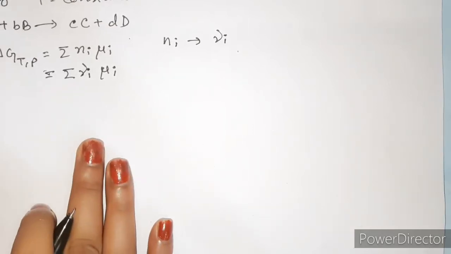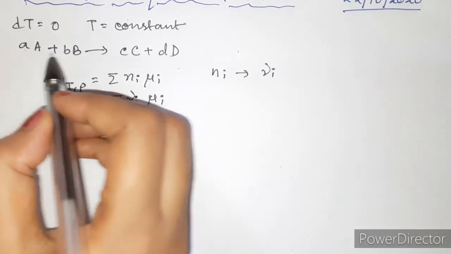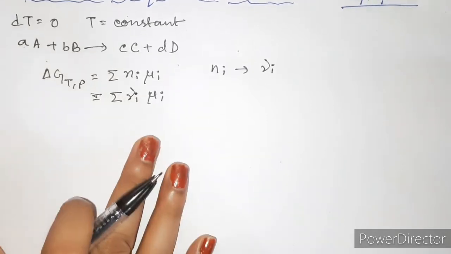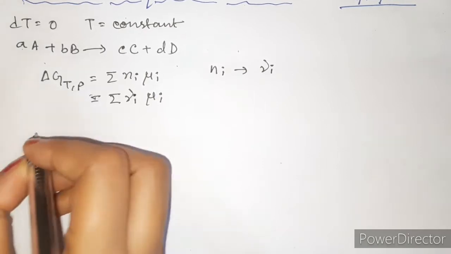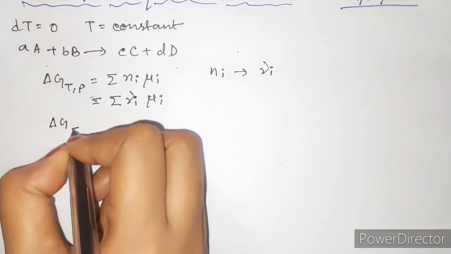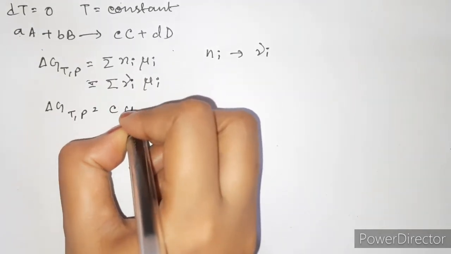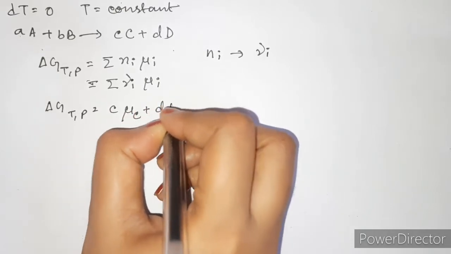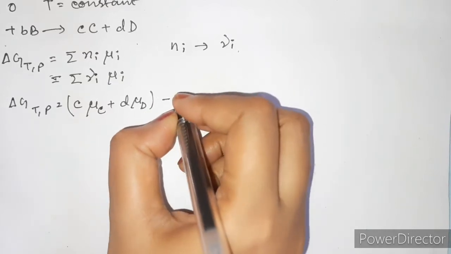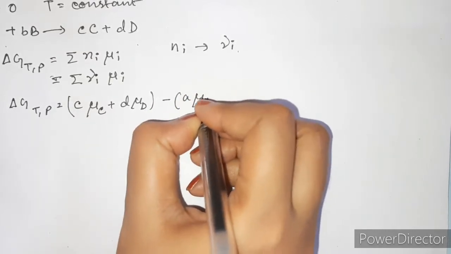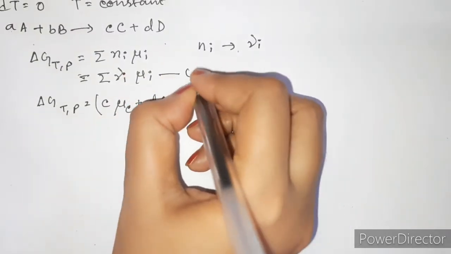Now for this reaction, A plus B to C plus D, what is the value of del G? For this reaction the value of del G at constant T and p is equal to c mu C plus d mu D minus a mu A plus b mu B. This is equation 1.